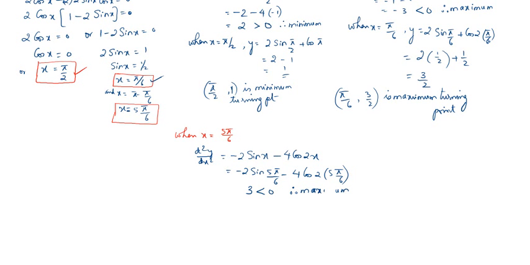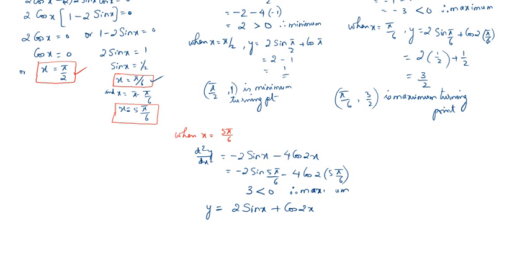Now we will find the y coordinate when x is equal to 5 pi by 6. Y is equal to 2 sin x plus cos 2x.